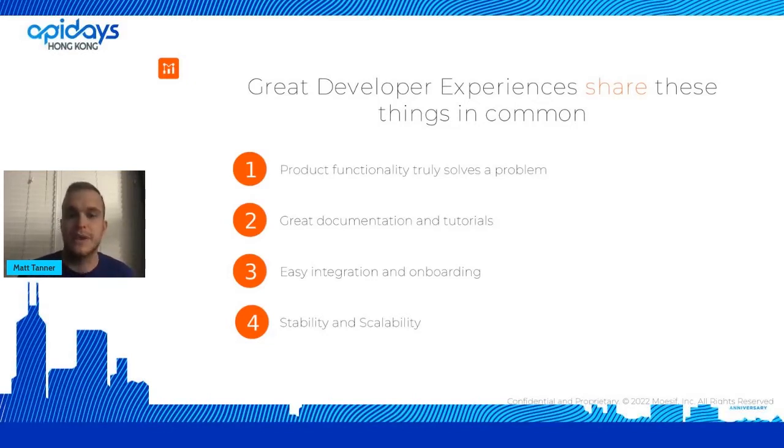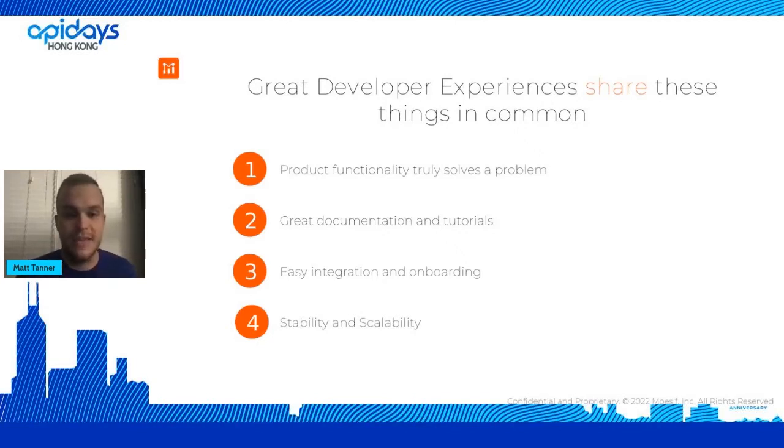The next thing is great documentation and tutorials. So this, I would say, especially from a DevRel perspective, is massive. Everyone has documentation, very few people do it well. So making sure that we have the documentation and tutorials there and written well is important.